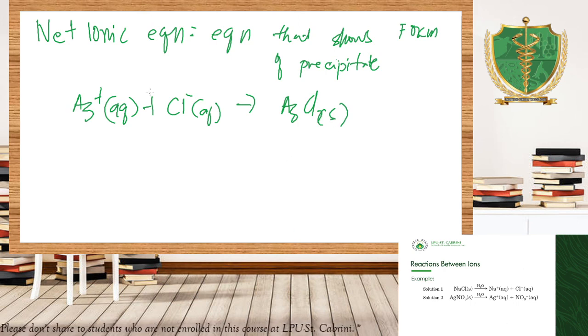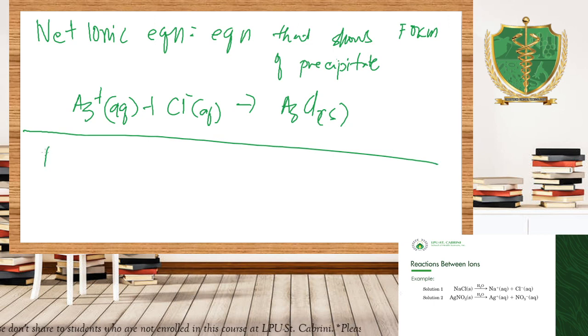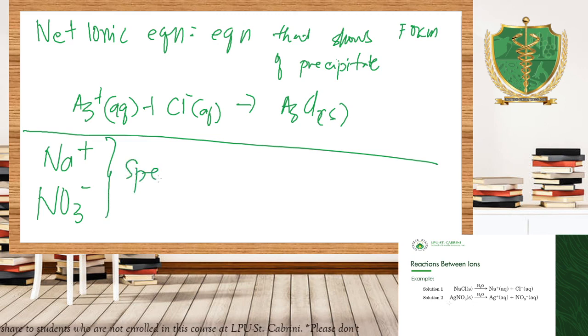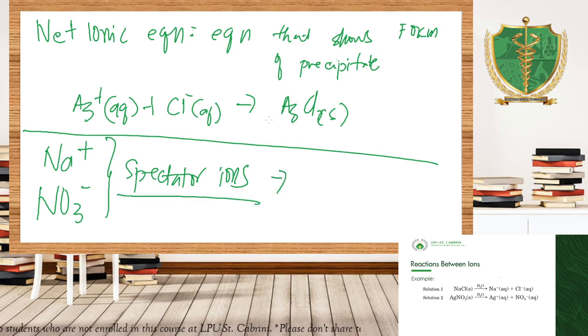Now, this is our net ionic equation. So what do you call sodium and nitrate? This is what we call spectator ions. And when we say spectator ions, these are the ions that do not participate in the reaction. These are the ions that are soluble.